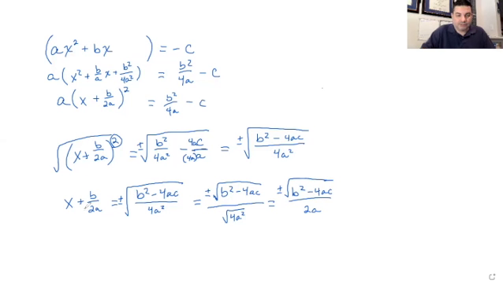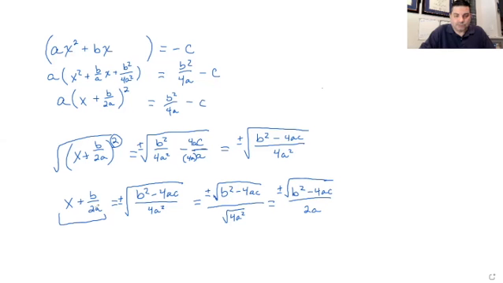So now what's left? Okay, well, I've still got x not quite by itself. The only thing that's preventing my x from being by itself now is this plus b over 2a. So I'm going to subtract that from both sides. Since my radical term here has the plus or minus, I'm going to keep that at the end of that side of the equation.